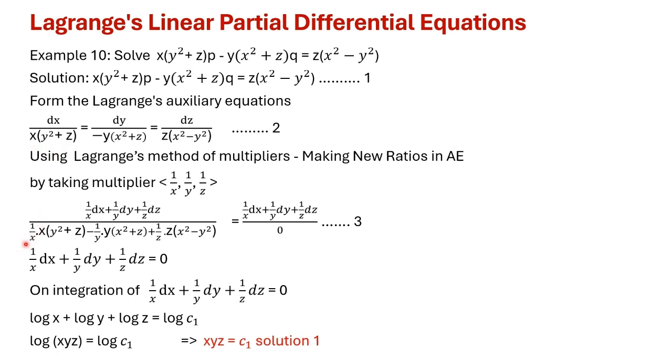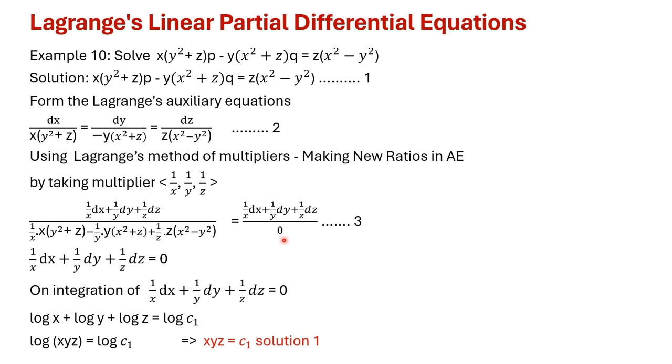We'll get only this, minus 1 by y into this term. So here again minus this, and 1 by y will get cancelled, and only this term will be left. Plus 1 by z into this will get this term, here z and z will cancel. On simplification, all the terms will get cancelled and the denominator will become 0.